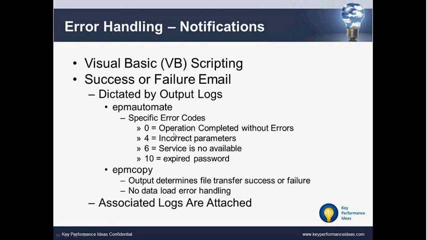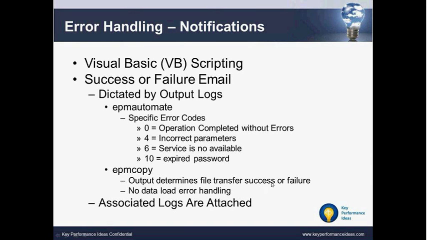So instead of you trying to do this in kind of a manual process and getting an error code and not really knowing what that error code means, we've built a procedure so that with the script, when you try to load information and you get one of these errors, as a part of the automated overnight process, it'll send you an email letting you know, hey, everything completed without errors, or guess what, your password's expired because you're past 90 days.